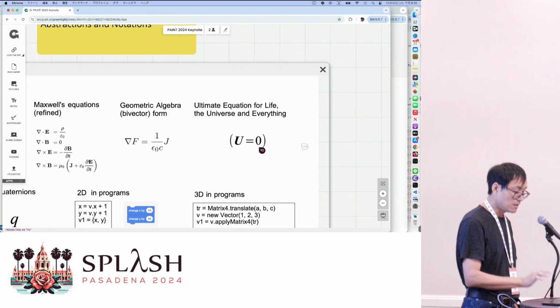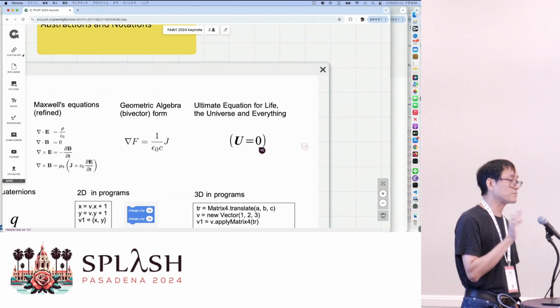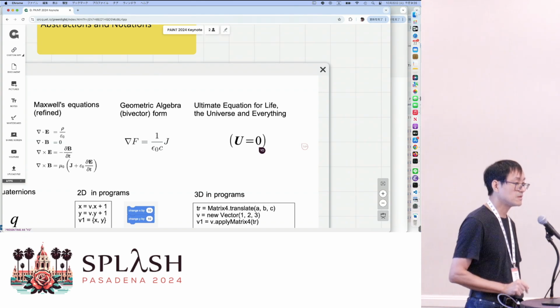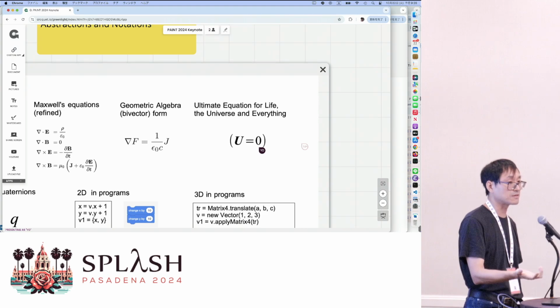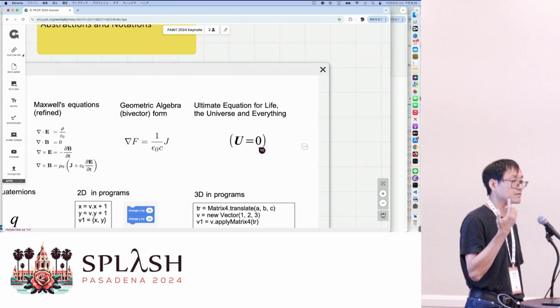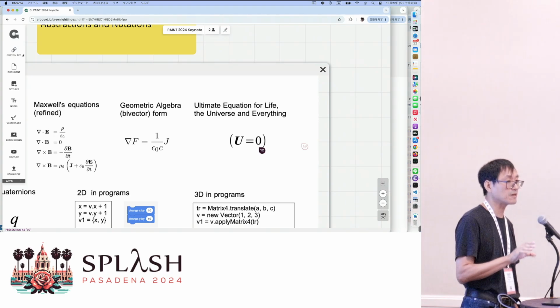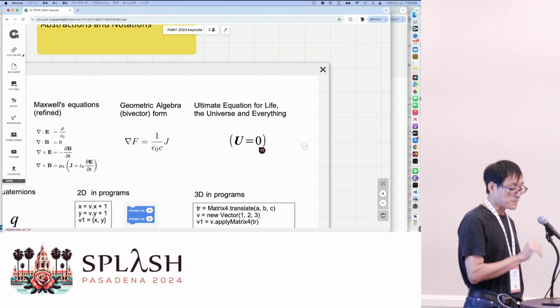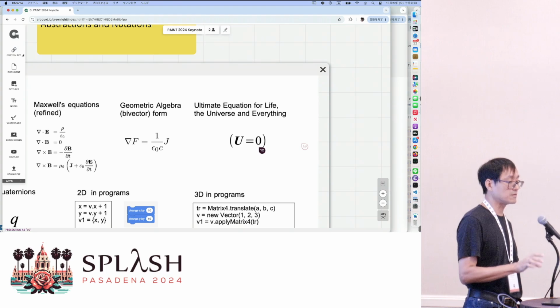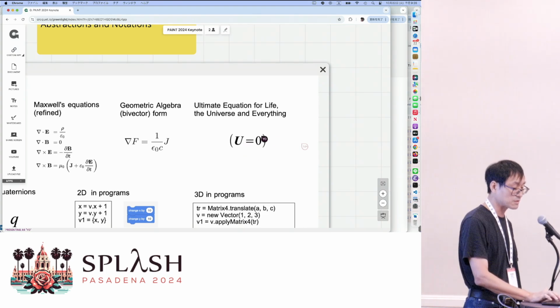But the problem is that I have no idea what's in U. And of course, nobody does. But another bigger problem is that even if somebody comes up with a plausible U, that is not going to help us to write programs. The stuff we would like to write about is not going to be described by this.